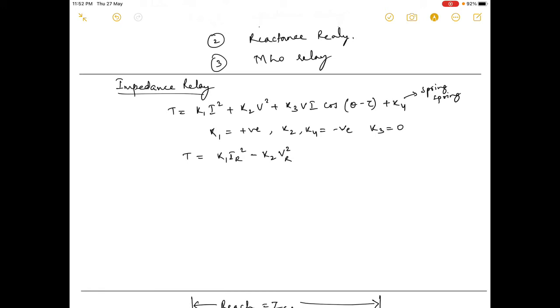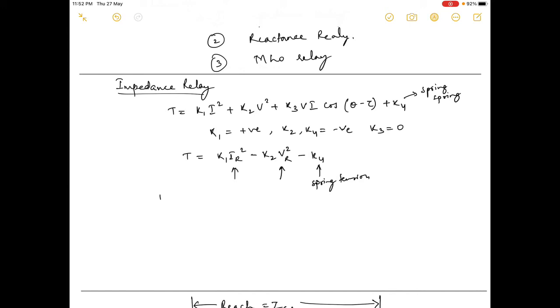I am writing VR and IR because at the relaying point these are the quantities. As I said, K4 is the spring tension. And VR is the voltage measured at the relay, and IR is the current measured at the relaying point.